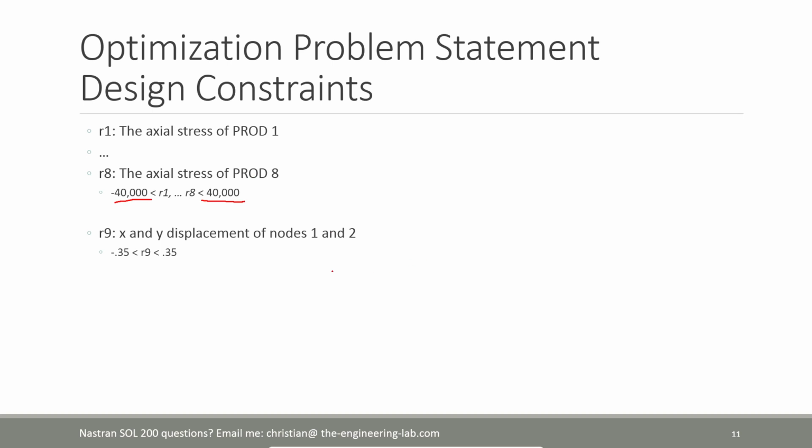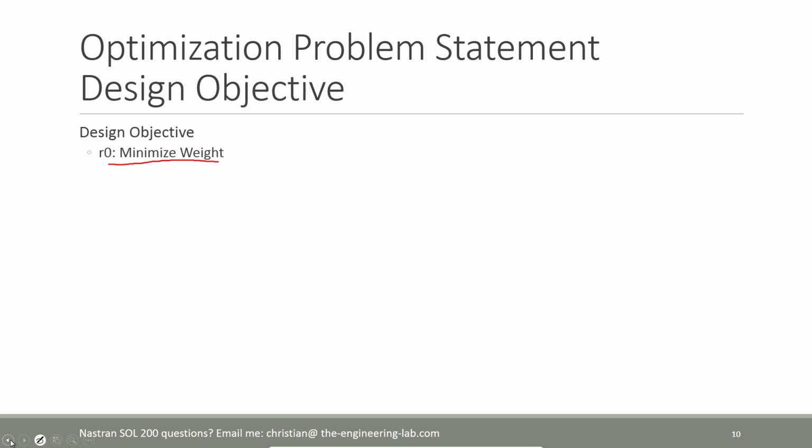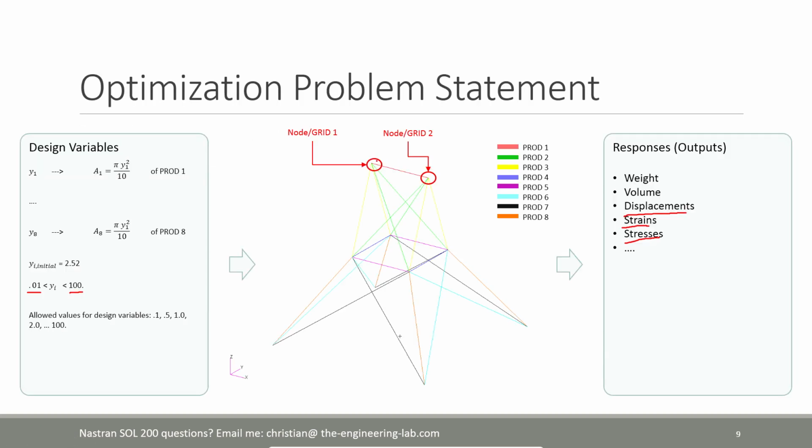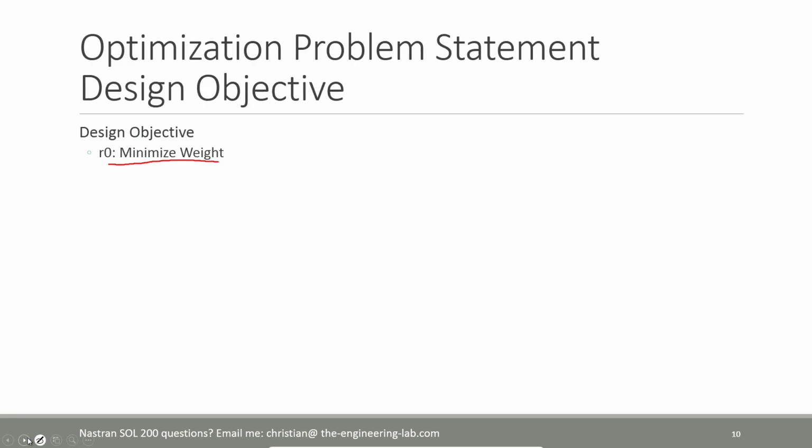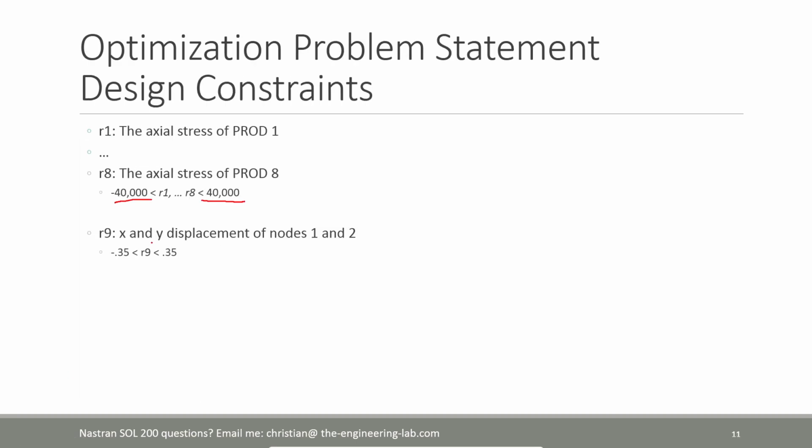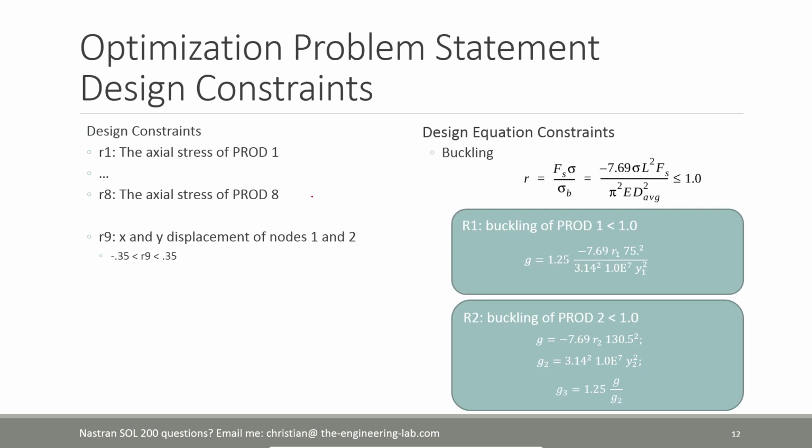One other thing, we are going to have displacement constraints at grid or node 1 and grid 2. So these would be the nodes that are circled in red here. We are going to say that the x and y displacement of those nodes should be within negative 0.35 and positive 0.35 units of displacement.